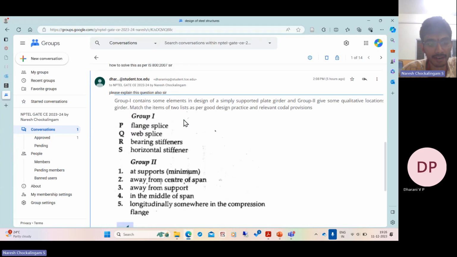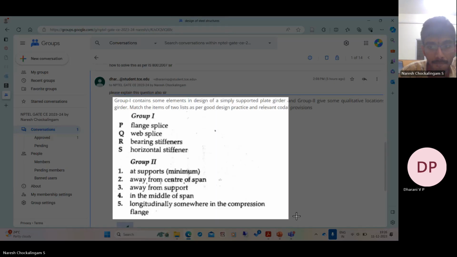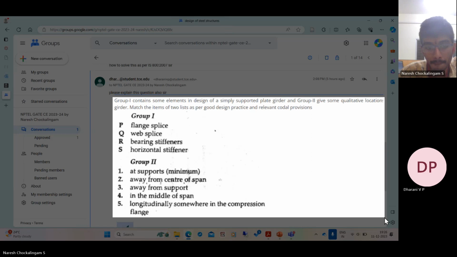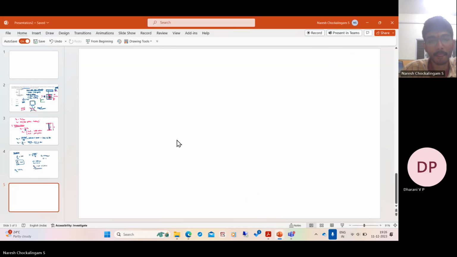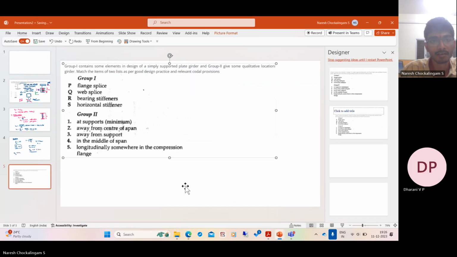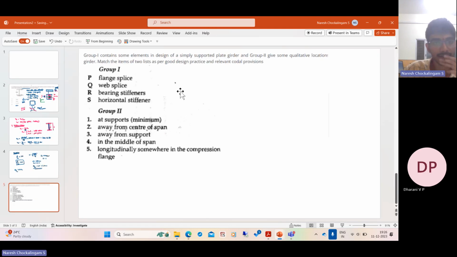Let me take. So we have this. So there is a very simple question. It's a conceptual question, but if you know what these components are, then it's easy to solve the problem.